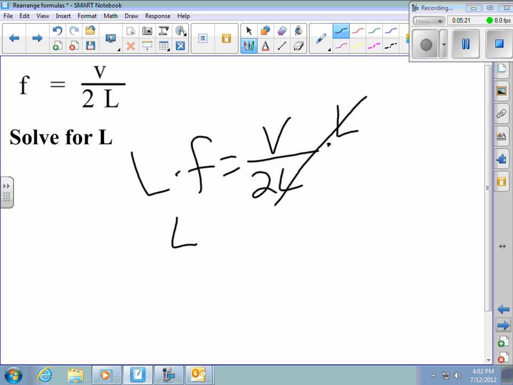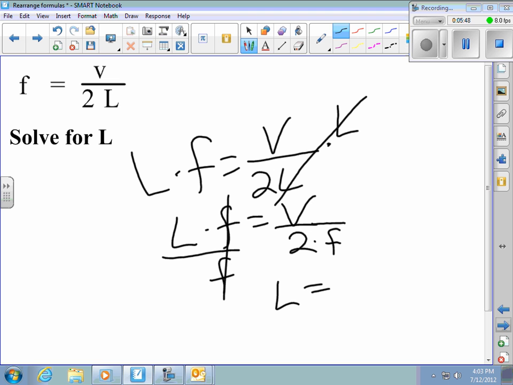So the length times the frequency is equal to half the velocity. Well, we wanted to get the length all by itself. We wanted to get rid of the frequency. Length times frequency: the opposite of times frequency is divide by frequency. We already have our divide symbol there, so let's just put the frequency underneath it.